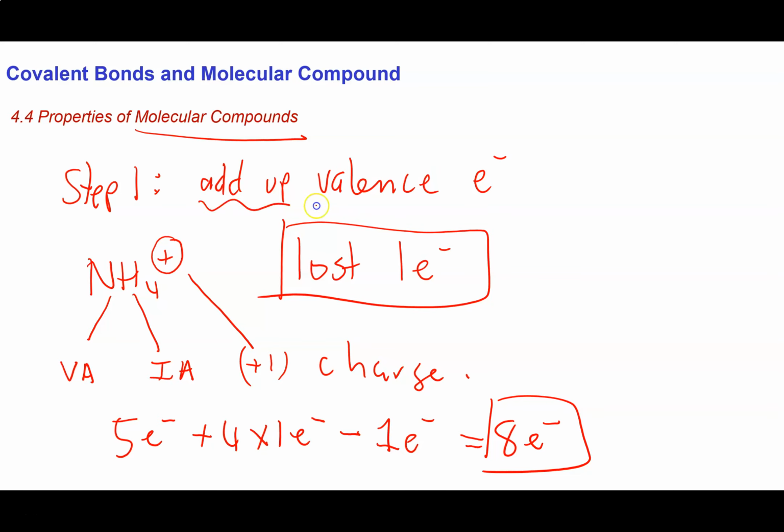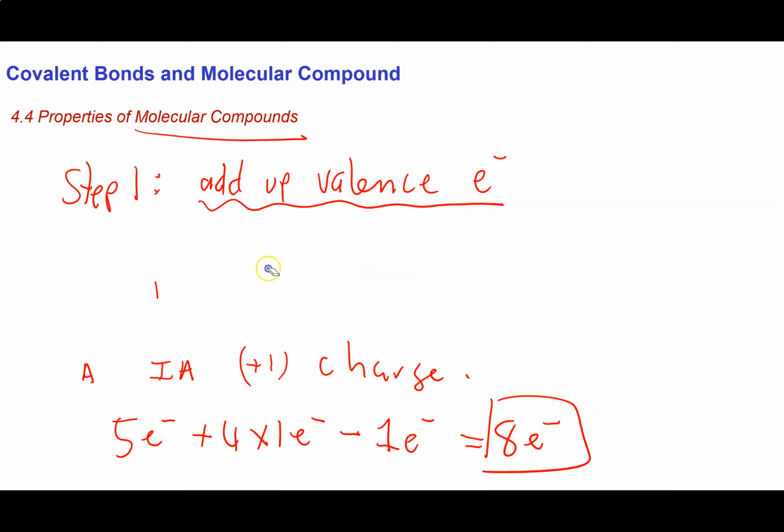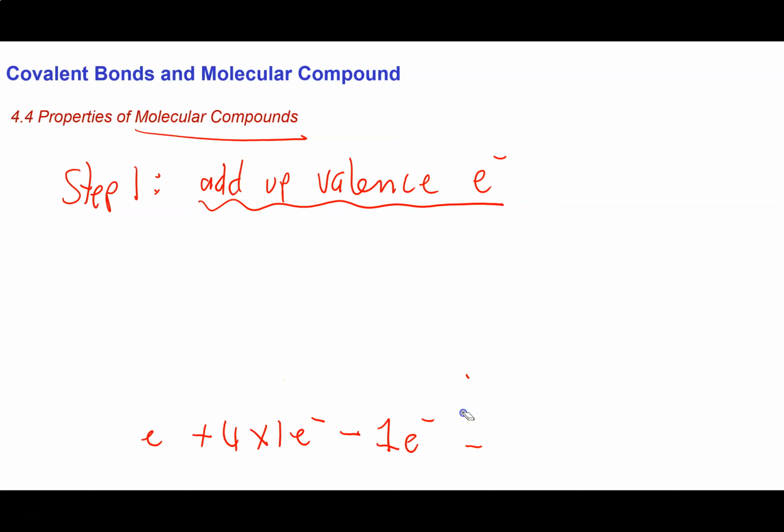So for polyatomic ions, you have to slightly modify that first step to take into account the charge. We're going to do another, and then everything else is the same. We'll do another one with a polyatomic anion, and remember the polyatomic anions are far more common than polyatomic cations. So for a polyatomic anion, a good example would be SO4 2-.